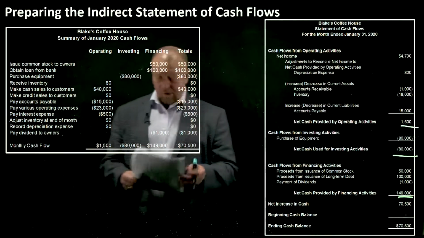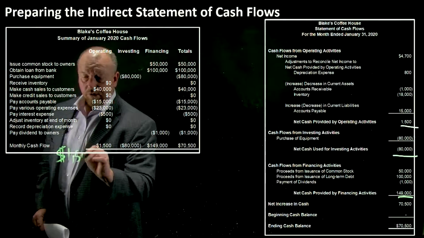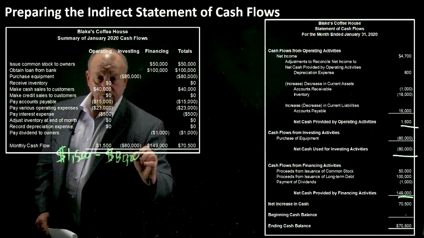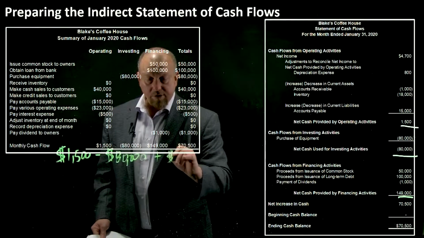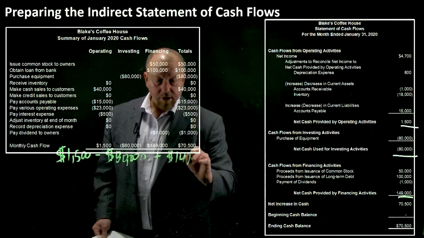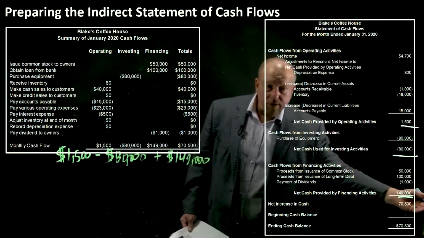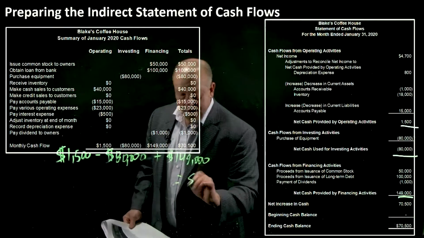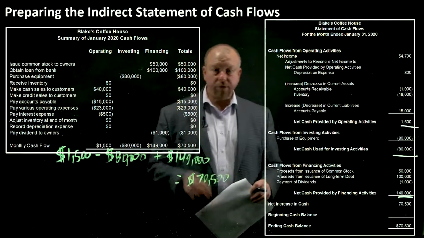So we can take the $1,500 from operations, subtract the $80,000 used for investing activities, and then add the $149,000 coming in from financing activities. We combine all those three amounts, and you'll see that the net increase in cash is indeed this $70,500, okay?